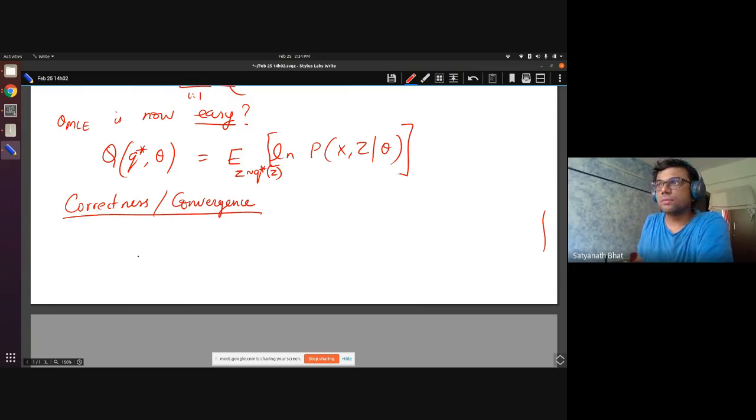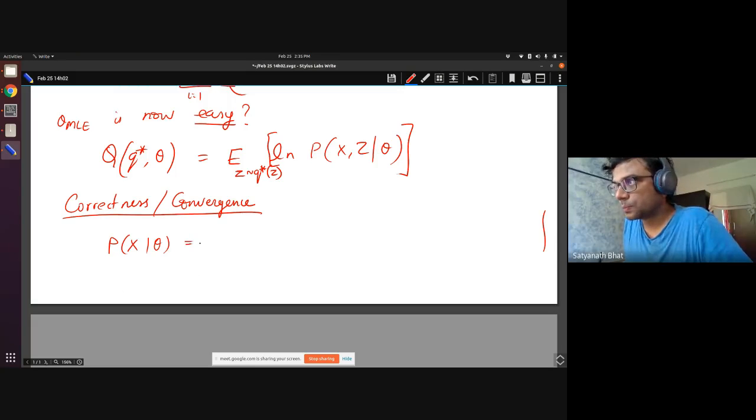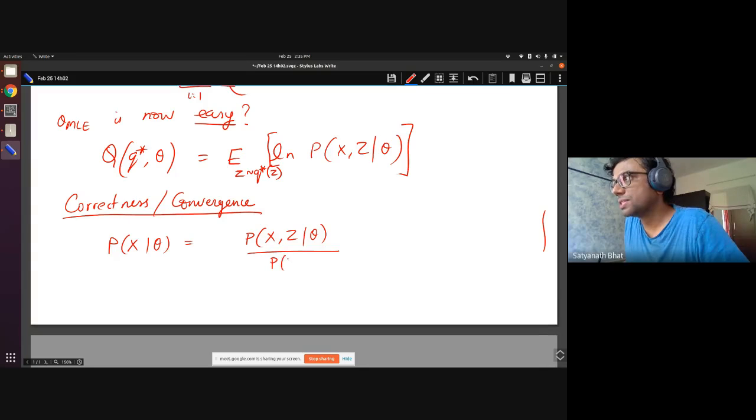So the first thing that we'll observe is that P of X given theta. This is basically what I am trying to maximize, right? This is the likelihood of the data given the set of parameters. I want to maximize this. So this is equal to P of X comma Z given theta divided by P of Z given X, theta. Now what is the value of Z that I have to choose?